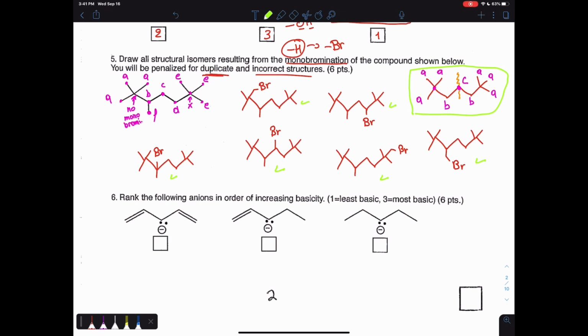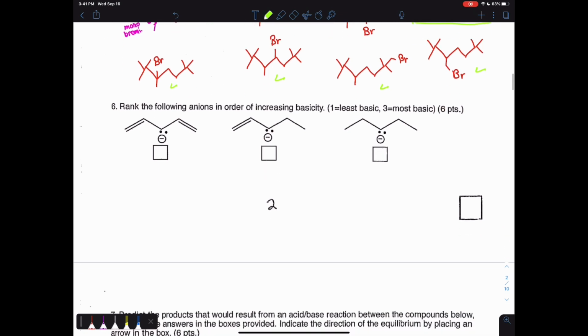Next question is, rank the following anions in order of increasing basicity. So a quick thing to remember about basicity is that the more stable the base is, this means it's the weaker base, and vice versa. So the least stable base is going to be the stronger base.